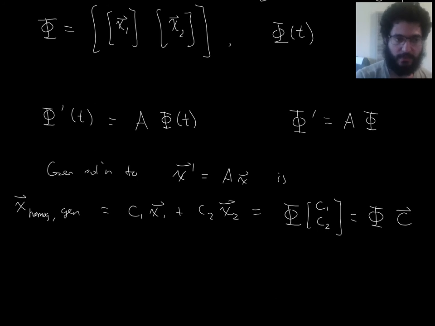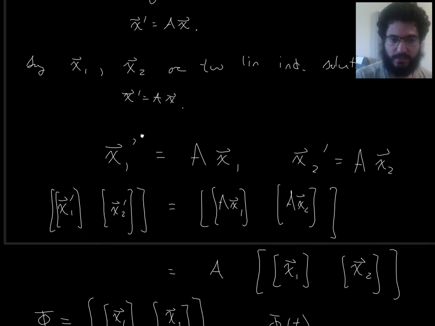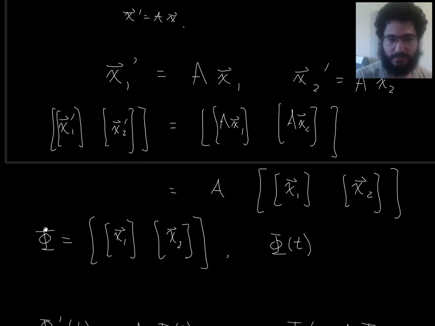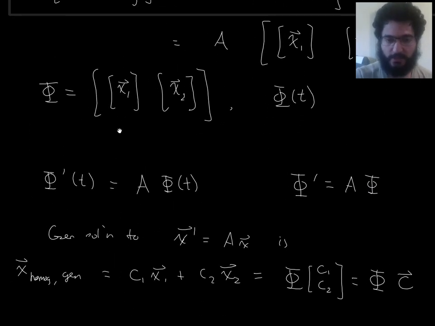All right. So to summarize, starting with a homogeneous differential equation like this one, if you solve it and you get 2 linearly independent solutions, then you can stuff them into a matrix. Call that phi. That's called the fundamental matrix. Then you can use that matrix to communicate certain things very efficiently.